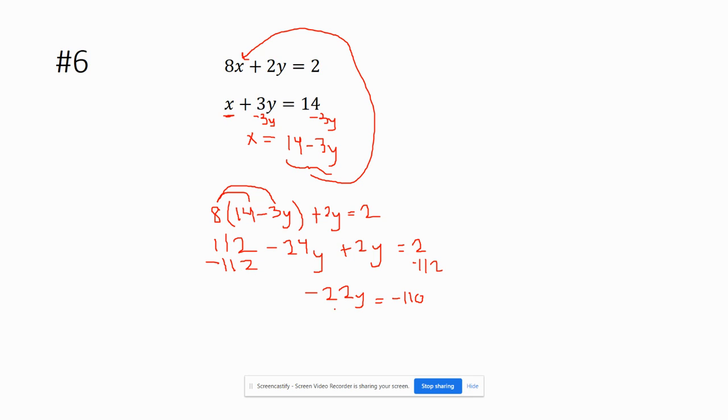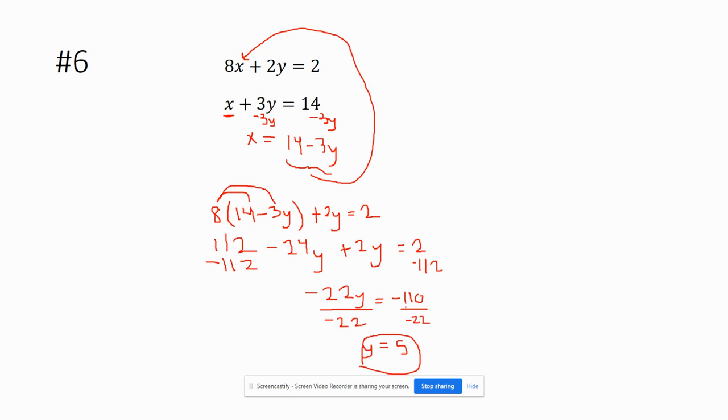And then we're going to divide both sides by negative 22. So we get y equals, negative divided by a negative is a positive, and 110 divided by 22 is 5. So y equals 5.